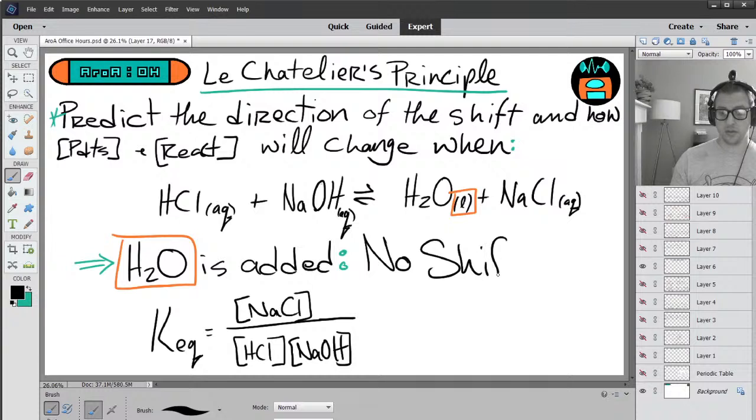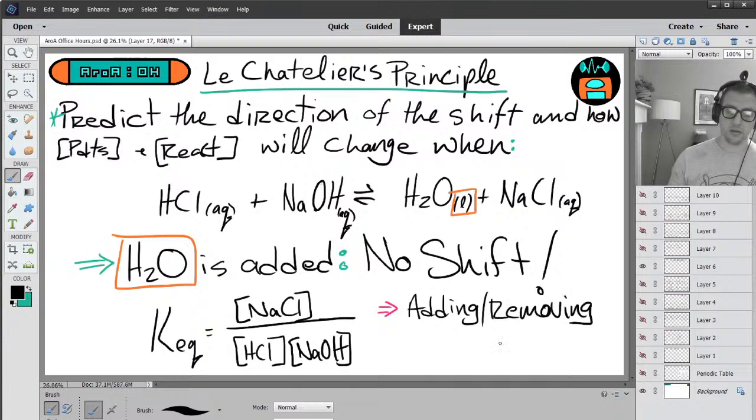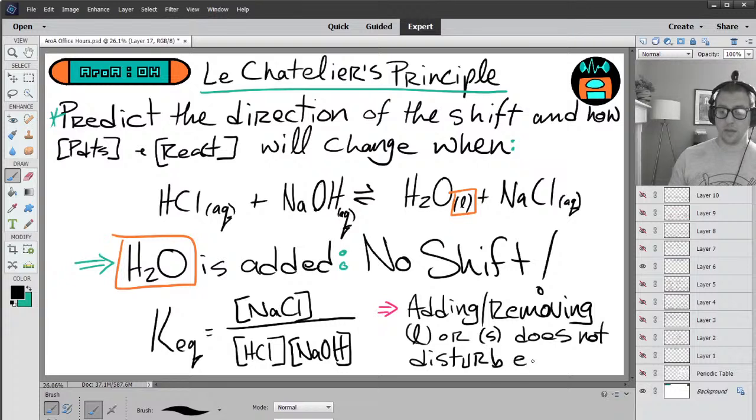All right, anytime, all right, so this is important, adding or removing liquids or solids does not disturb equilibrium.